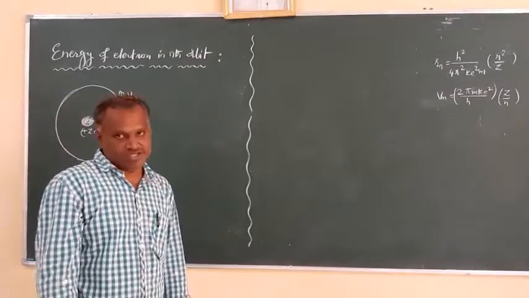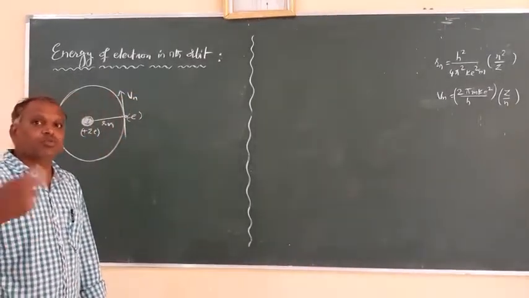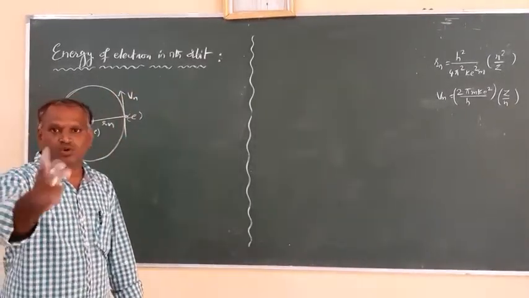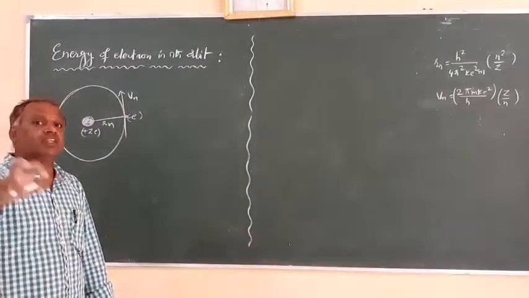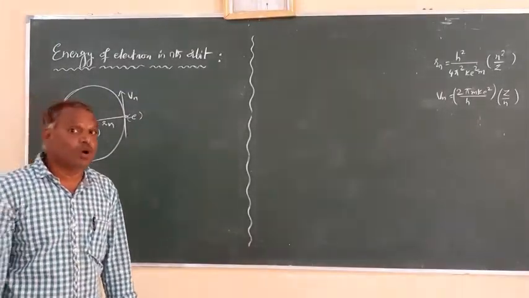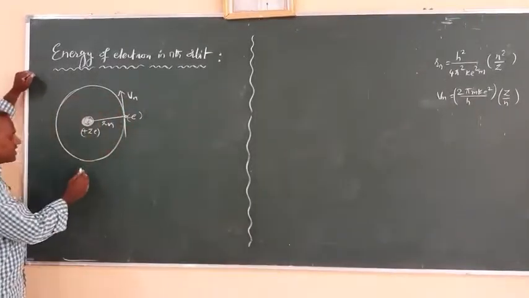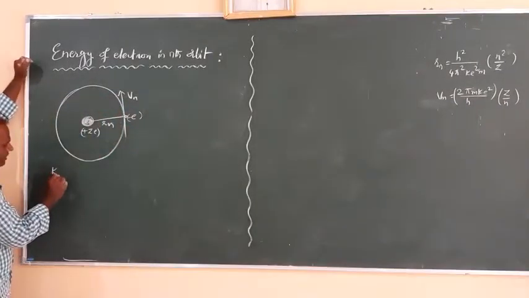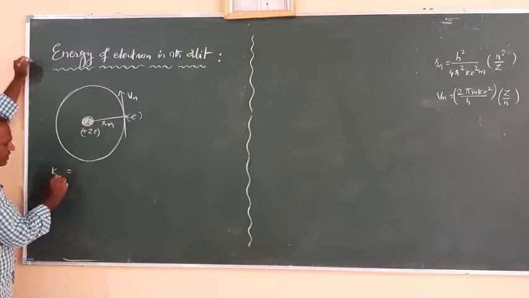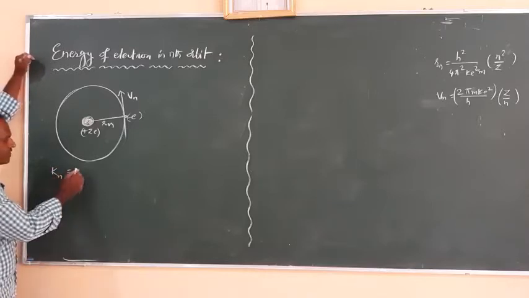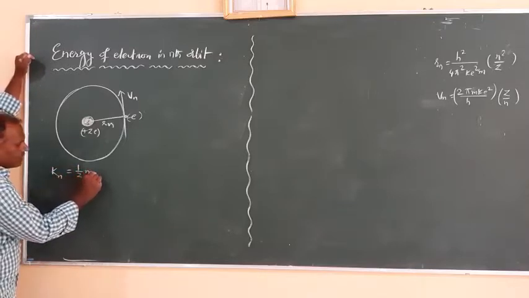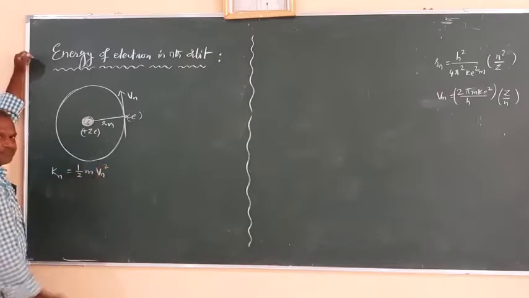Now we can write both equations, add them to get the total energy, and compare how these energies exist in ratio. We'll discuss all those. So now I can write the kinetic energy of the electron in the nth orbit, Kn, is equal to half m Vn square.